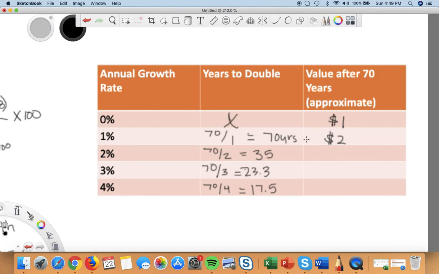At a 2% growth rate, it's going to double every 35 years. So this is going to double twice. So it's going to turn into $2. And now that $2 is going to double again. So double $2, that's going to be $4. Surprise, surprise, it's going to double a third time for 3%. So double of $4, that becomes $8.